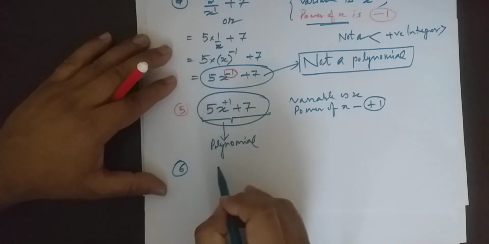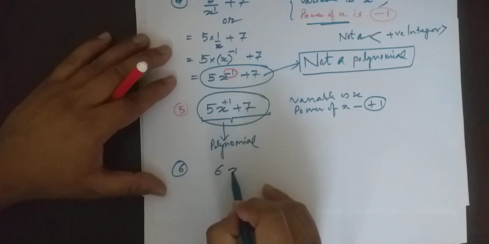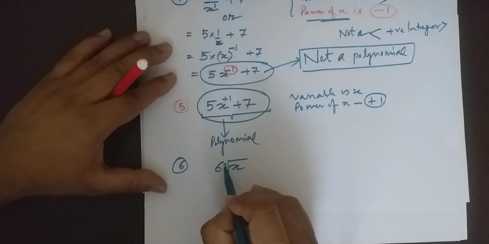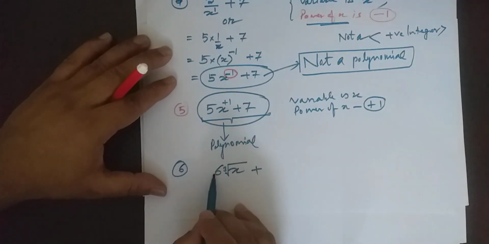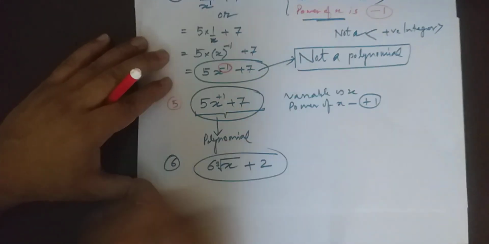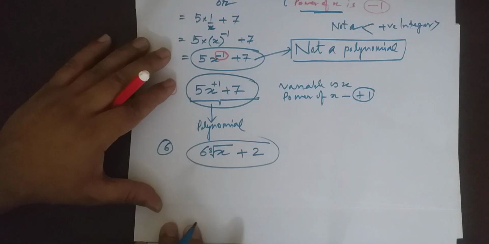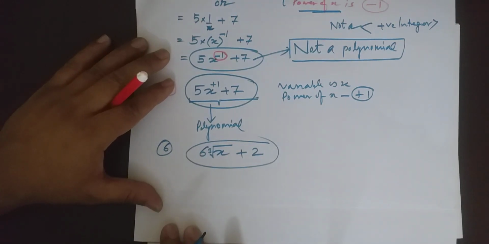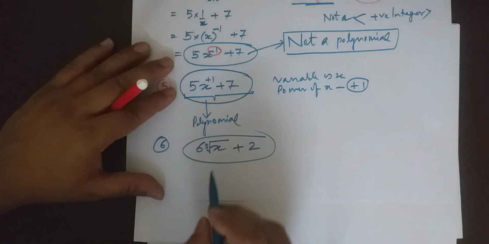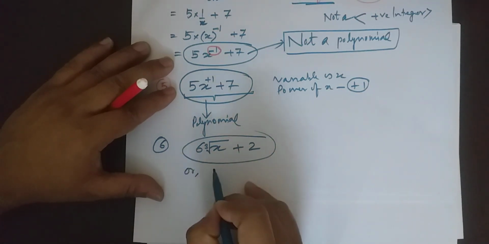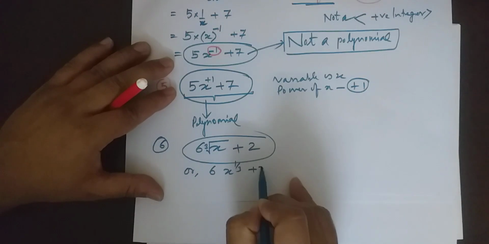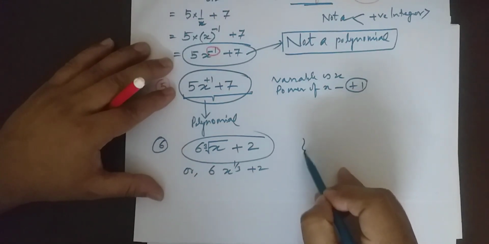You will also find examples where you have expressions such as cube root of x plus 2. Again, analyze this algebraic expression and identify whether this is a polynomial or not. This algebraic expression can be written as x raised to power 1 by 3 plus 2. So here what did we get?